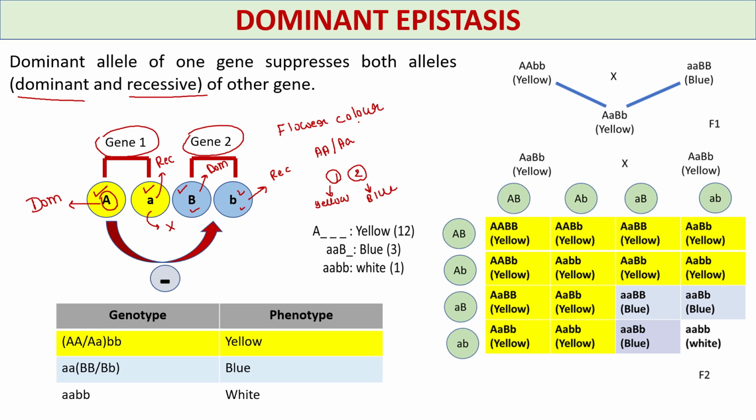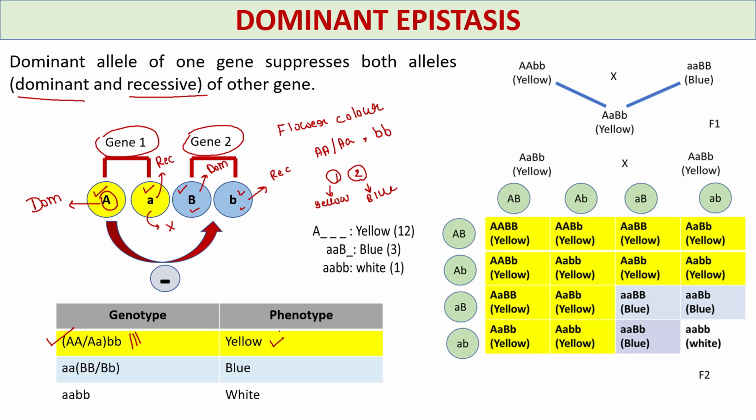So gene 1 is expressed alone and gene 2 is not expressed. So when gene 2 is not expressed, the genotype would be small b small b. So the flower will get yellow color.